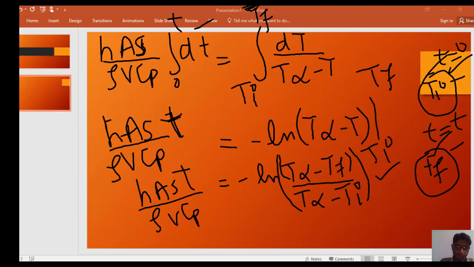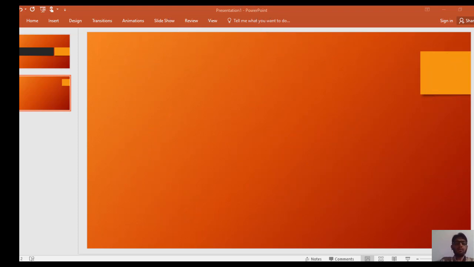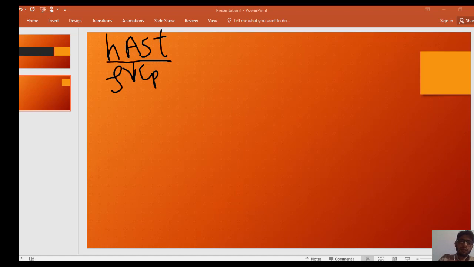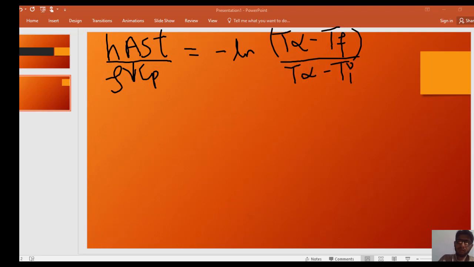Now after simplifying we get hAs t over rho V Cp equal to minus ln of T infinity, the temperature of the surroundings, minus the final temperature of the system, divided by the temperature of the surroundings minus the initial temperature of the system.